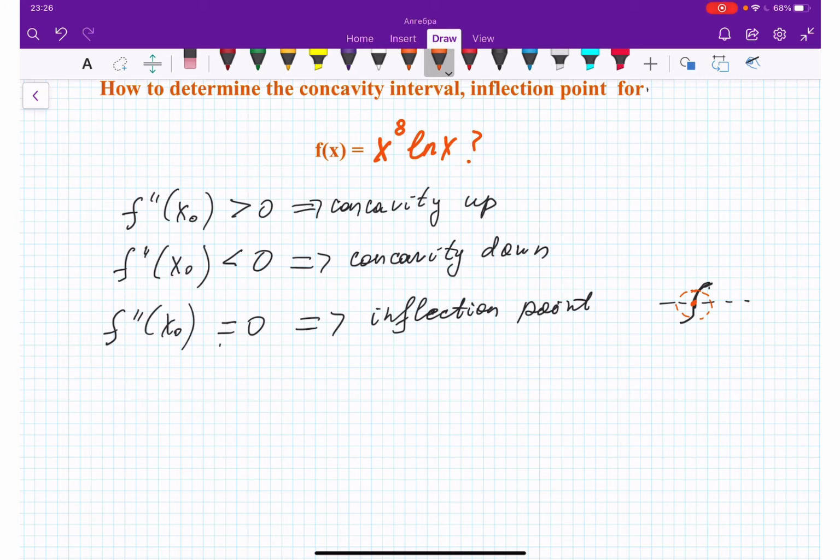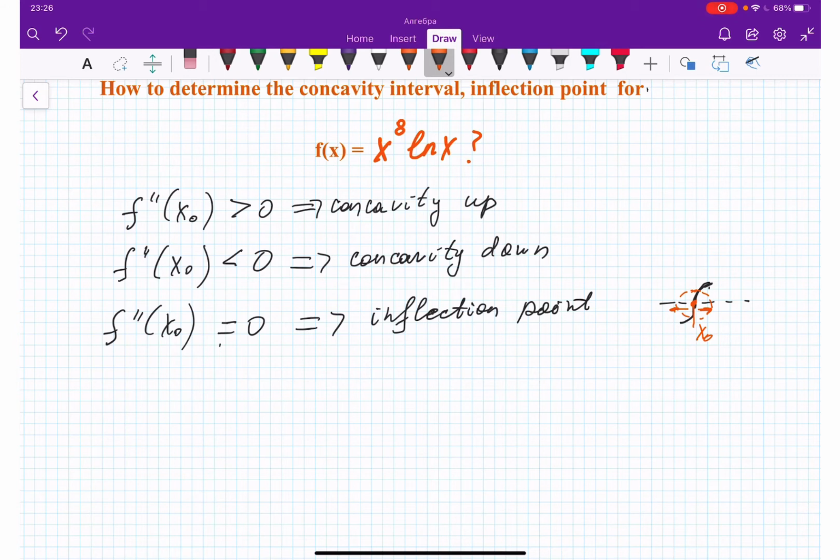If the nearby surroundings of that point are located on opposite sides of the point x0, that means we have an inflection point, and that's in the case when the second derivative is 0.